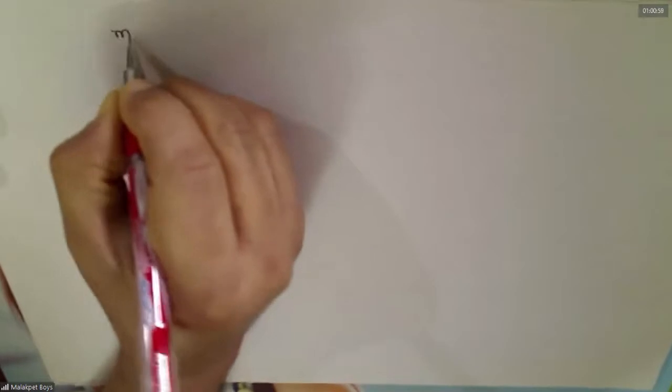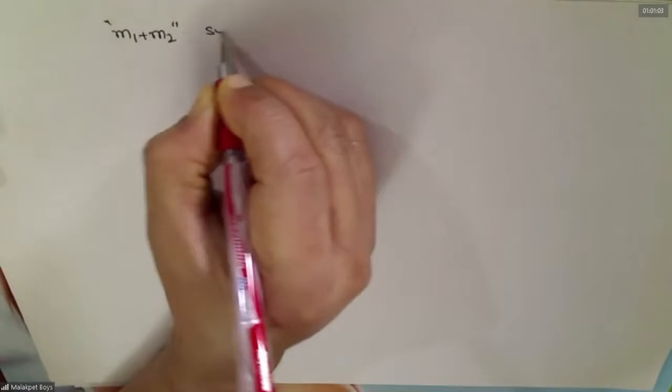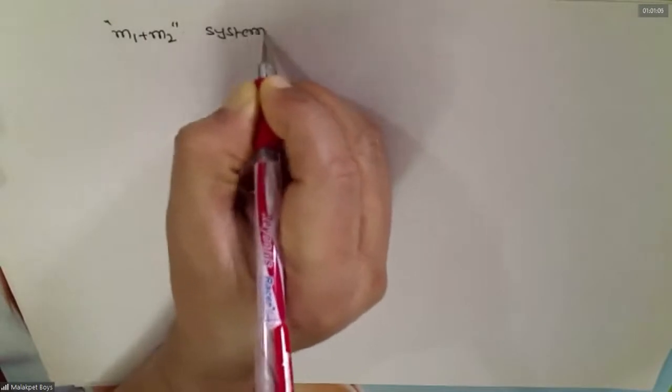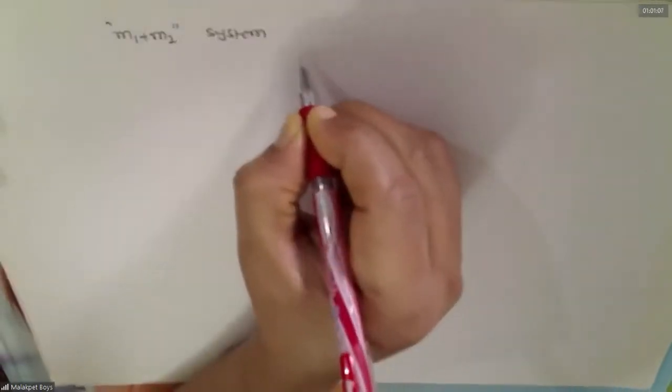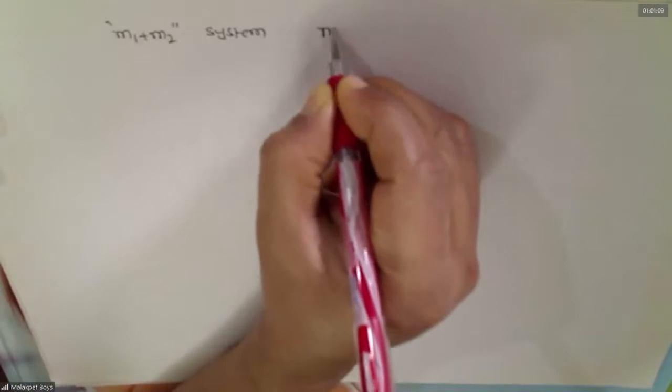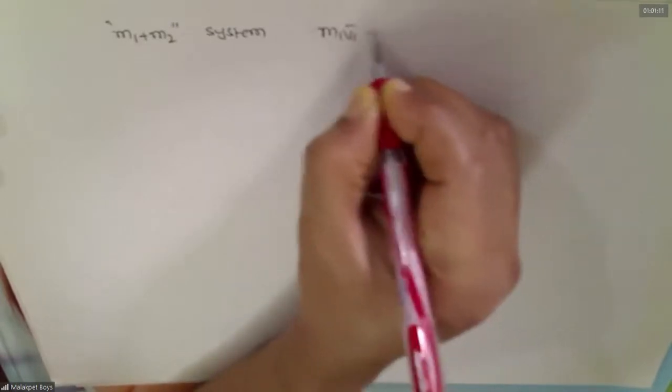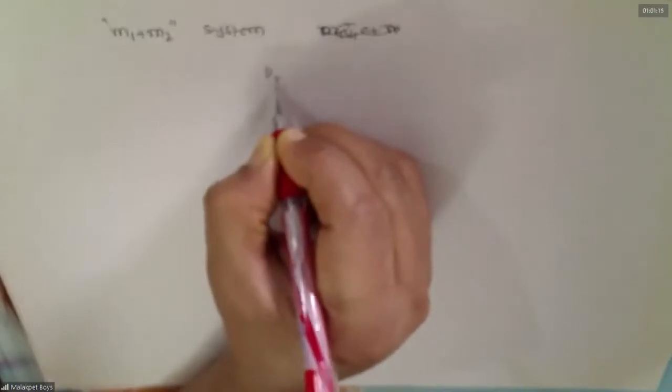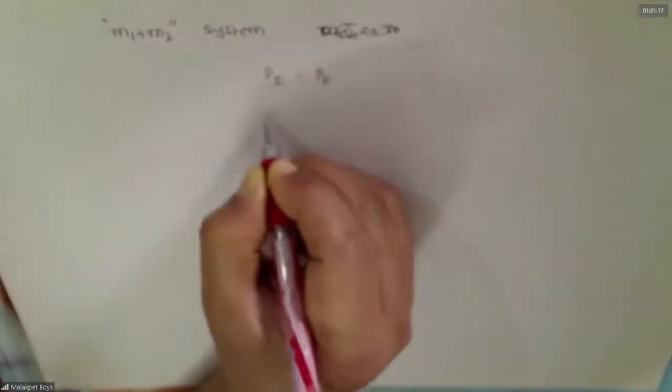Now, in this particular problem, if you read this, so for M1 plus M2, the momentum is conserved, no? Initially both are at rest.